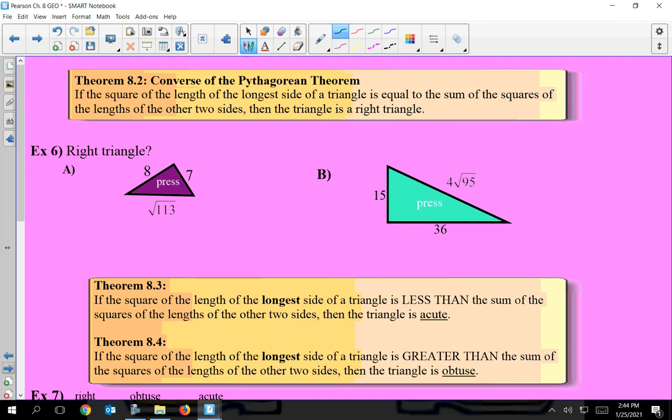Okay, so if you guys could do the converse of the Pythagorean theorem, this is a kind of a test question. It's just saying what we know as the Pythagorean theorem, just doing the converse, okay? And it says that the square of the length of the longest side of a triangle is equal to the sum of the squares of the lengths of the other 2 sides, and the triangle is right, okay?